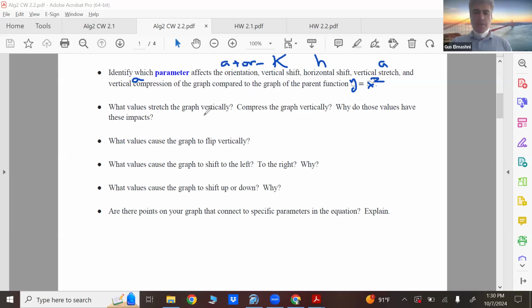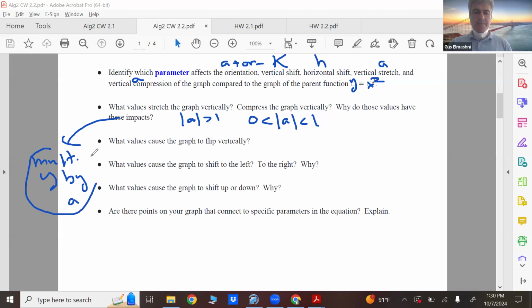So if I stretch the graph vertically, we already talked about it. Compress when it's like this. And why do those have those impacts? Because you're multiplying y by a.